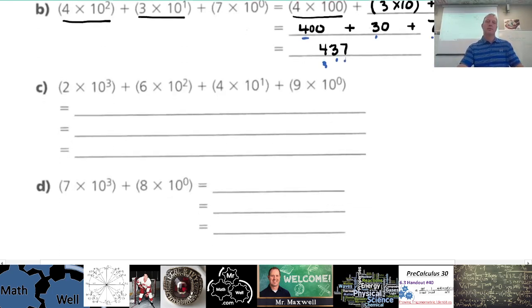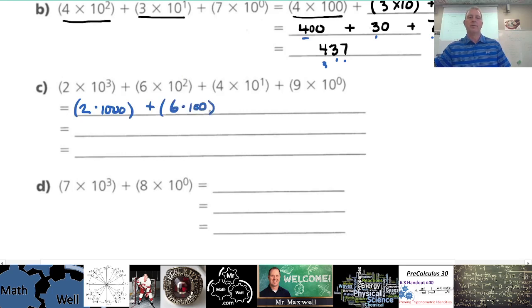Excellent. Okay, let's do this one together, letter C. So this is 2 times, and I'm not going to use x, like I'm trying to train you guys. So this is 2 times 1,000 plus 6 times 100. That's what 10 to the 2 is.